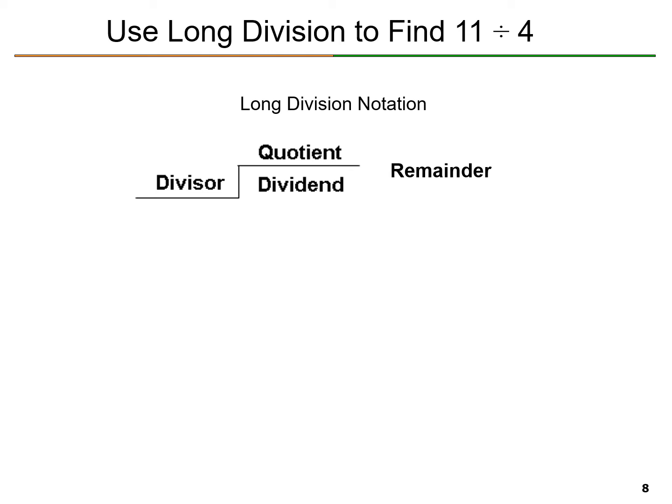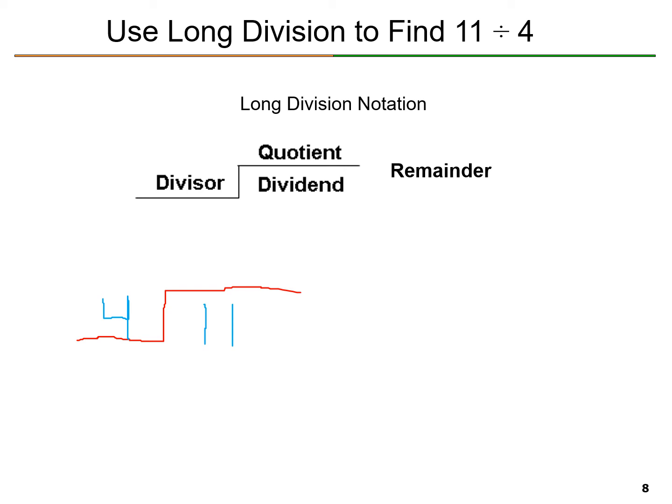So we draw our long division symbol, and we put the divisor, which is 4, in this position, and we put the dividend, which is 11, in this position.